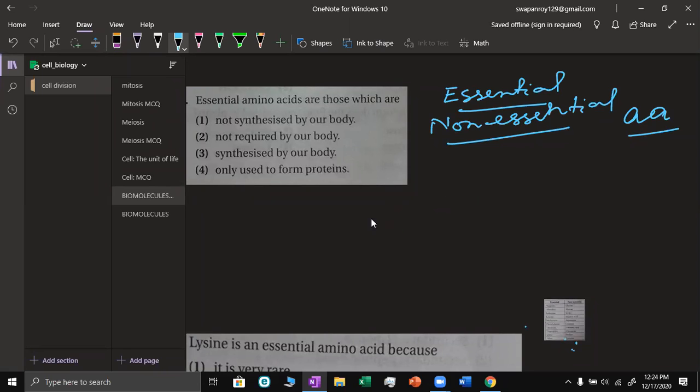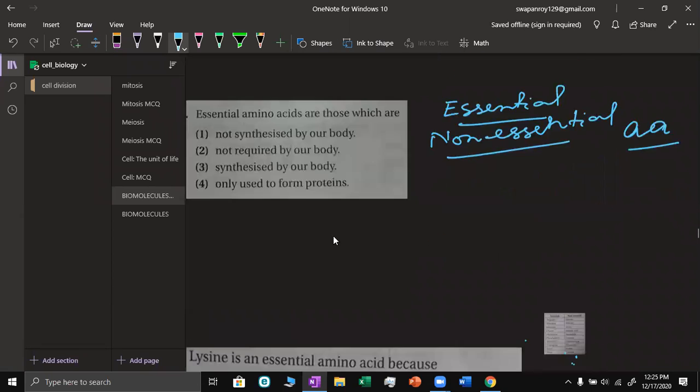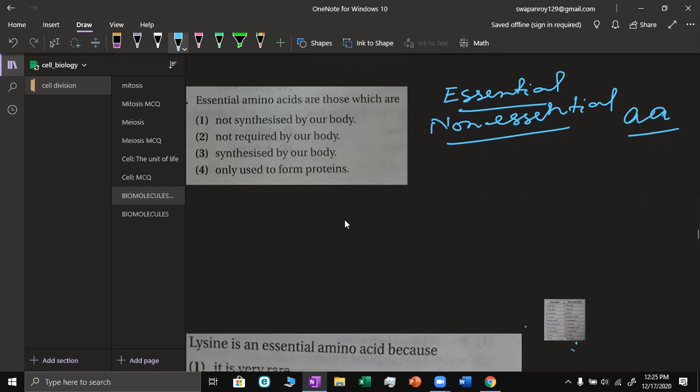So here are two questions related to essential and non-essential amino acids. One: essential amino acids are those which are not synthesized by our body, not required by our body, synthesized by our body, and only used to form protein. Which one?